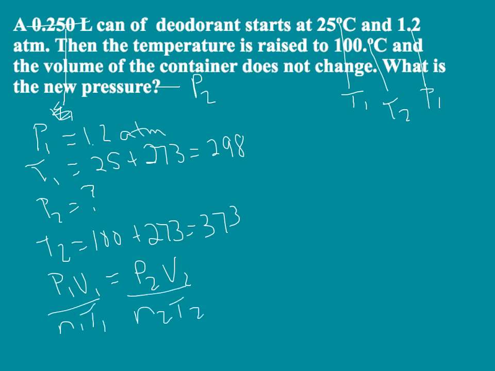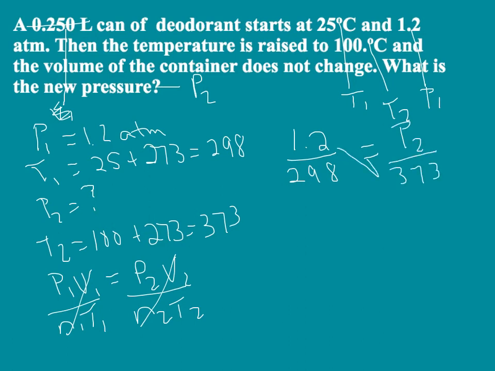We're going to cancel out volume and moles just like last time because we have pressure and temperature once again. So we're going to put pressure 1 over temperature 1, remembering to put it in Kelvin. And then pressure 2 we're trying to find over temperature 2.